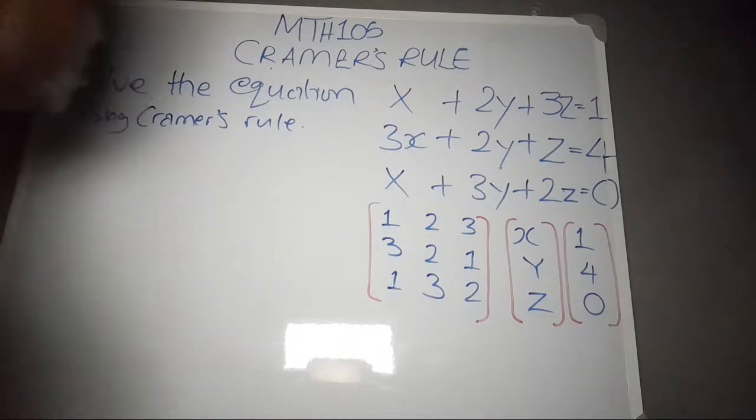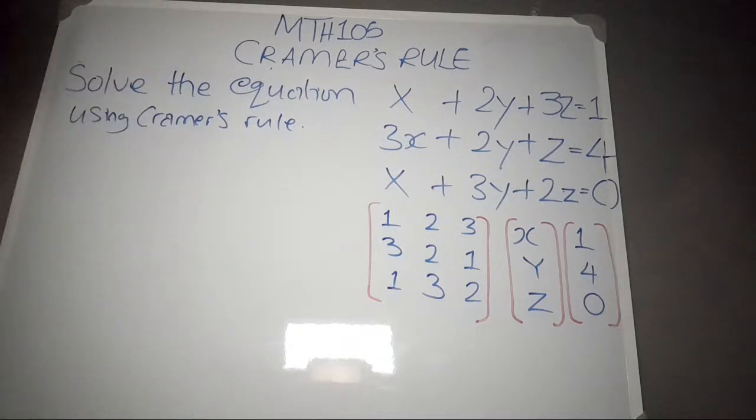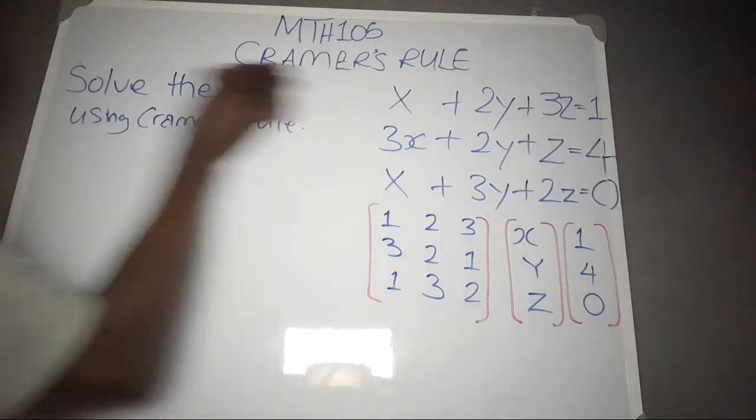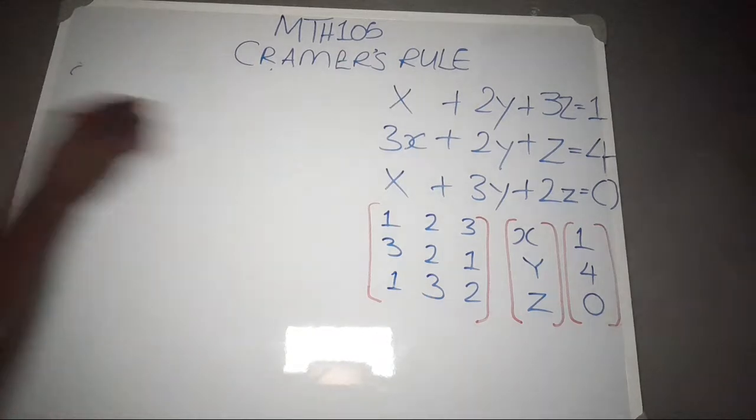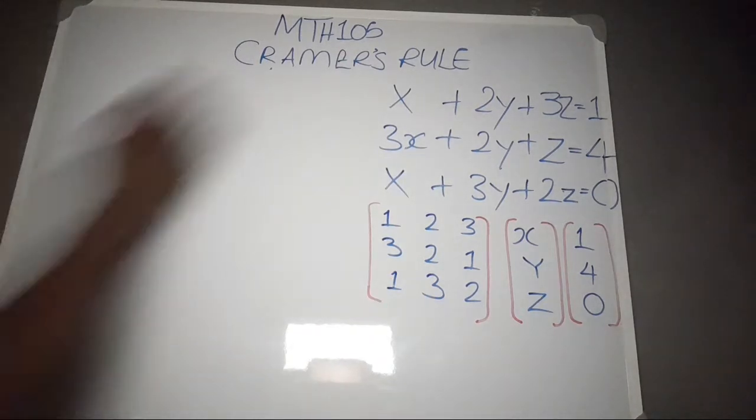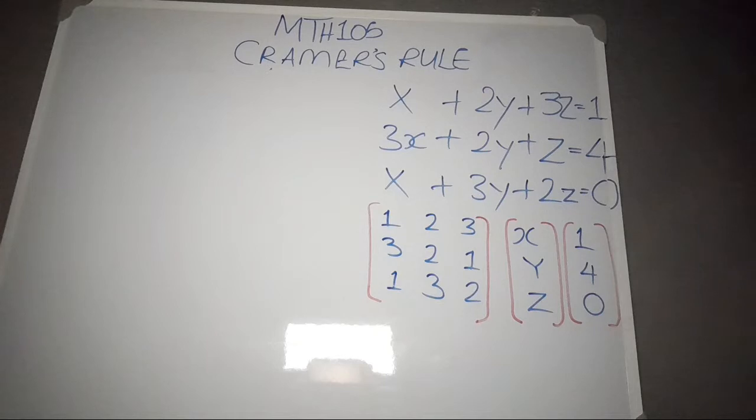So we can erase this. Solve for the determinant first. So we are solving for the determinant first, then we move to the next one, which is solving for x, and then solving for y as well.